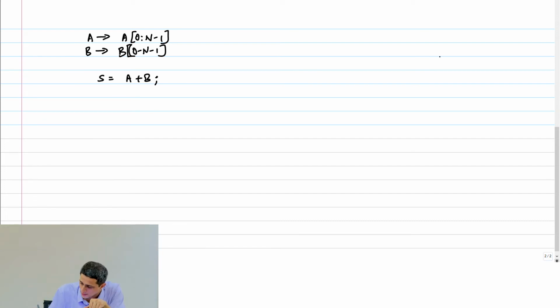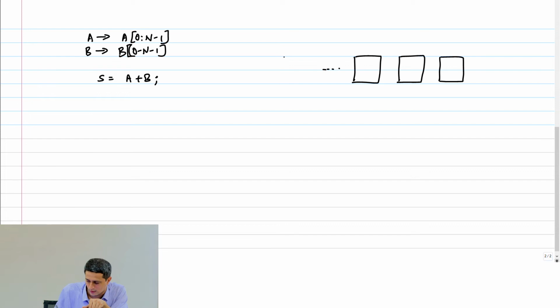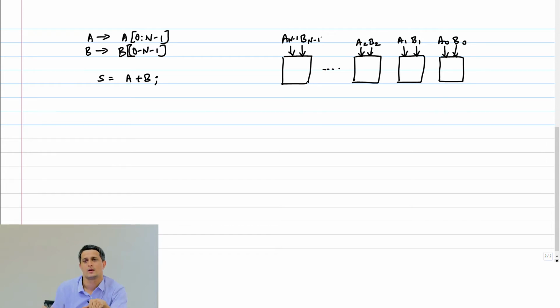So what do you do? You take this full adder that we created and cascade them one after the other. Right? So this is my A0, B0, A1, B1, A2, B2, A n minus 1, B n minus 1. And this is going to be my carry in, and you can assume that it's a separate bit or it's grounded, doesn't matter.